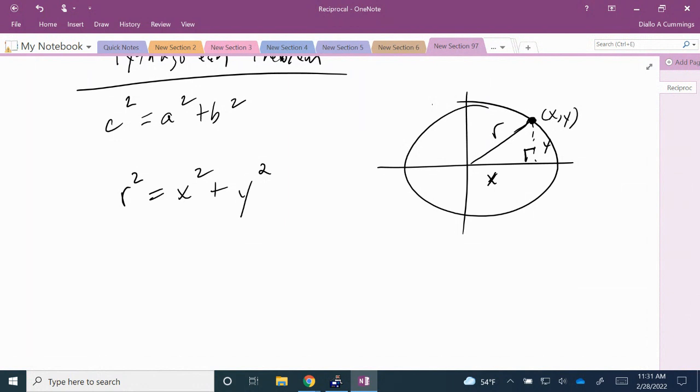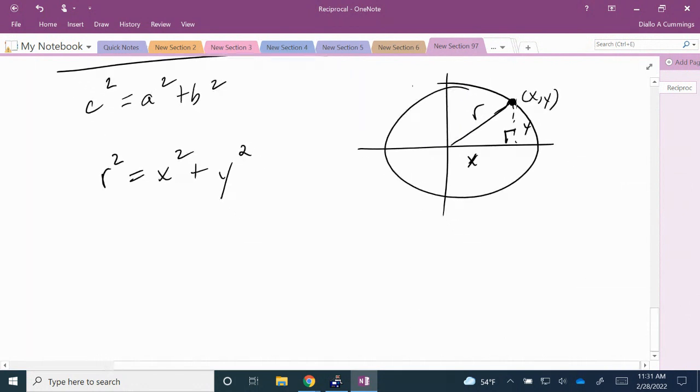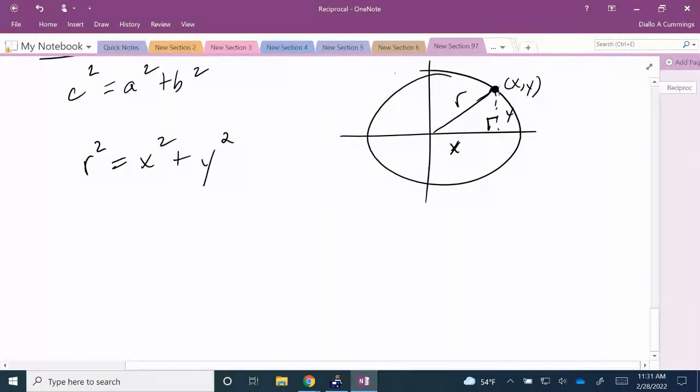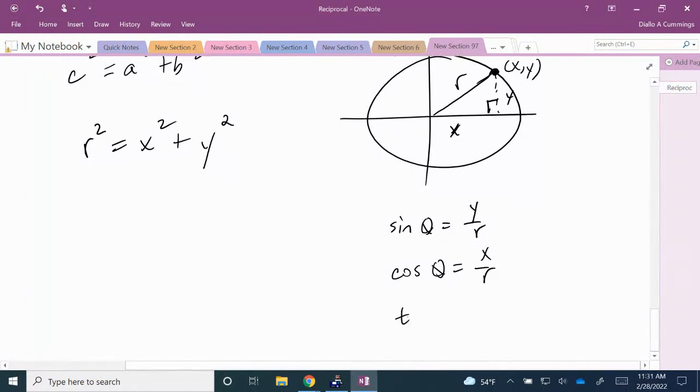So how are the Pythagorean identities, sine squared plus cosine squared equal to 1, derived? Where does that actually come from? Just keep in mind that the sine for some angle is y over r. The cosine for some angle is x over r. And the tangent of some angle is y over x.